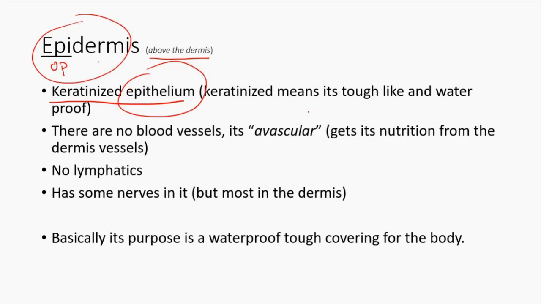So normally the outer layers of any organ, okay, and in this case the skin, are known as epithelium, right? And so the epidermis is made up of epithelium, which is essentially cells, okay?